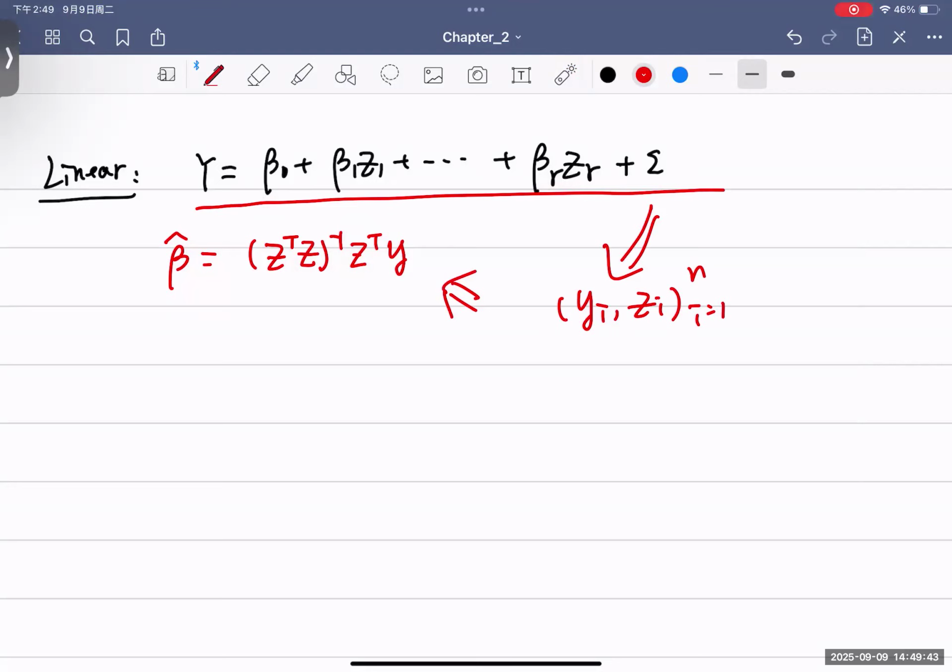When we call this an estimation, it is trying to estimate. Our idea is to use this beta hat to replace beta 0 to beta r. But the question is whether our beta hat is close to beta 0 to beta r.